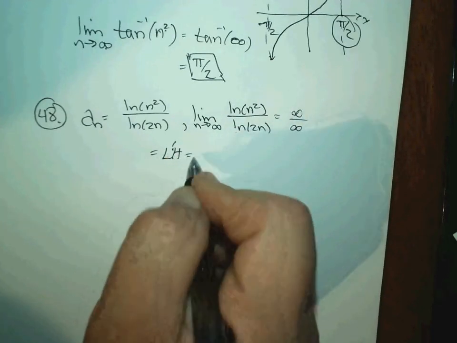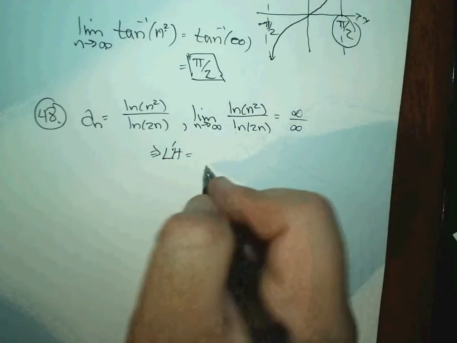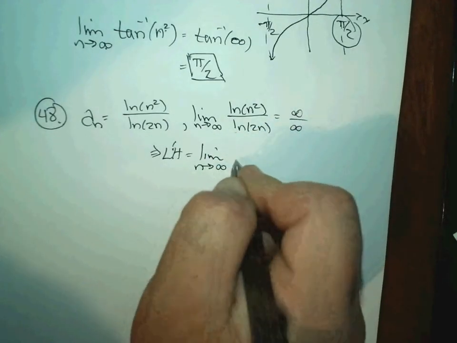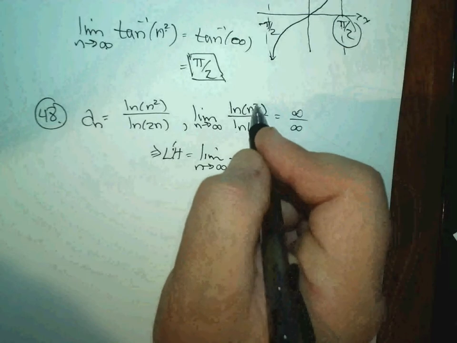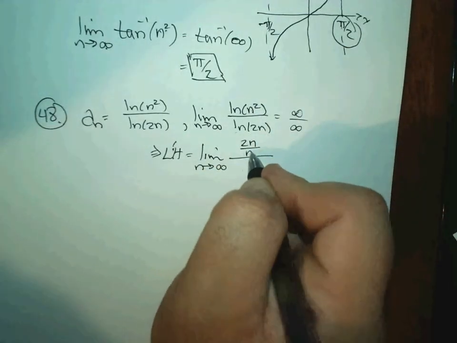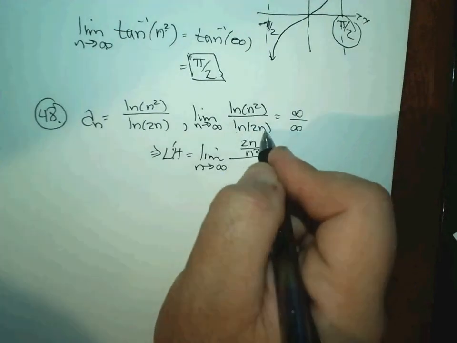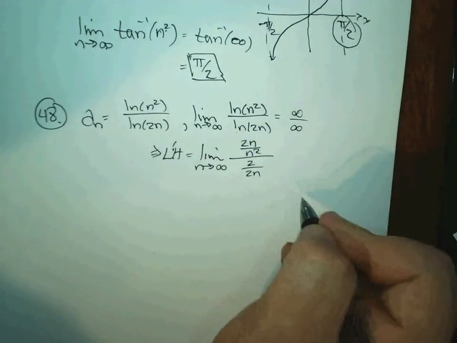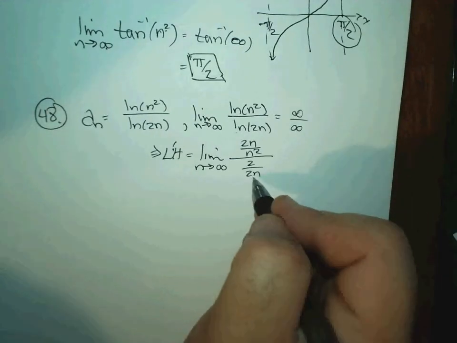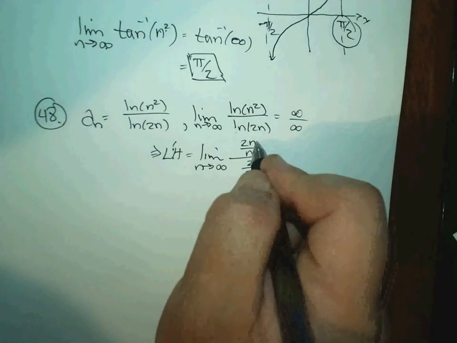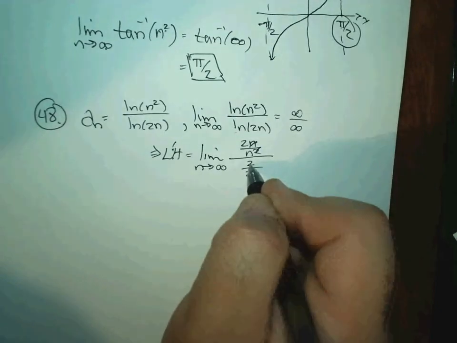And so the top goes to infinity, the bottom goes to infinity, and I say, okay, let's use L'Hopital's rule to work this. L'Hopital's rule would give us the limit of the derivative of the top. The derivative of the natural log of n squared is the derivative of n squared over n squared. The derivative of the natural log of 2n is the derivative of 2n over 2n.